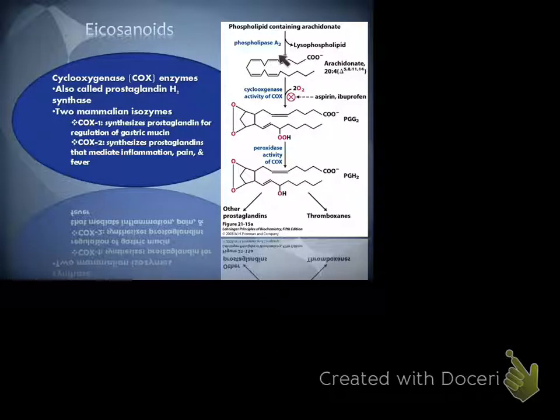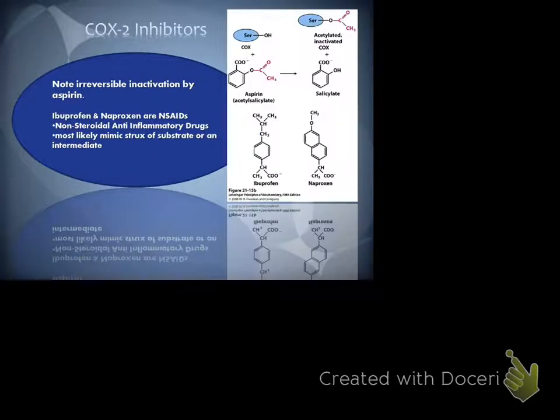So phospholipases free up the arachidonic acid, or arachidonate in this instance, and then we have the COX enzyme that will turn it ultimately into the thromboxane or the prostaglandin that you need. And this is where aspirin, ibuprofen, the NSAIDs, which stands for non-steroidal anti-inflammatory drugs, interact. What you have to be concerned about is if it's not specific.